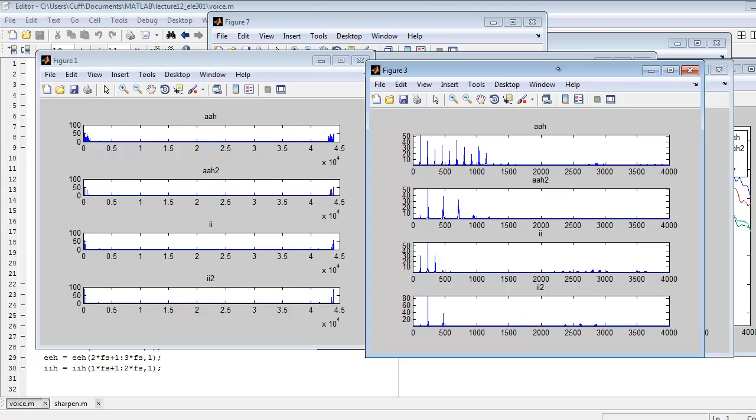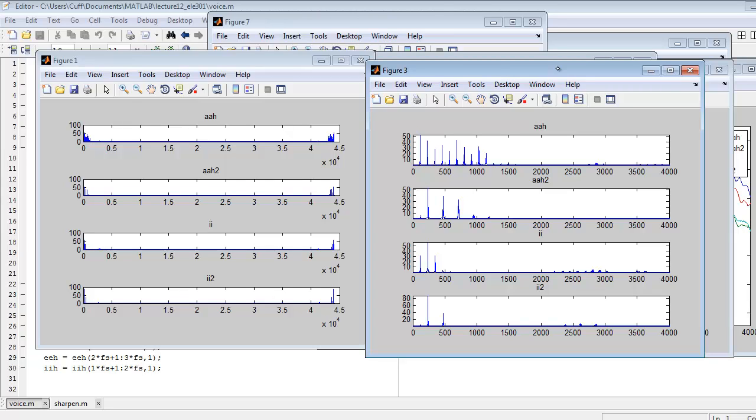You have a product between the source, which just gives you a bunch of these peaks at these frequencies, and the impulse response, or the frequency response, of the throat and mouth. And that is what's in common between both times I say ah. I'm keeping my throat and mouth the same. I'm just changing the excitation.